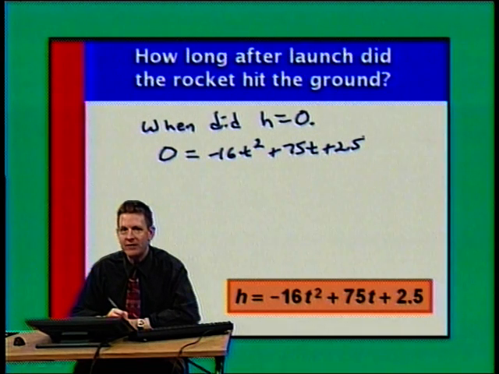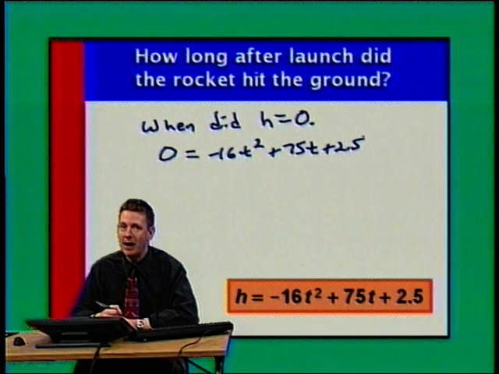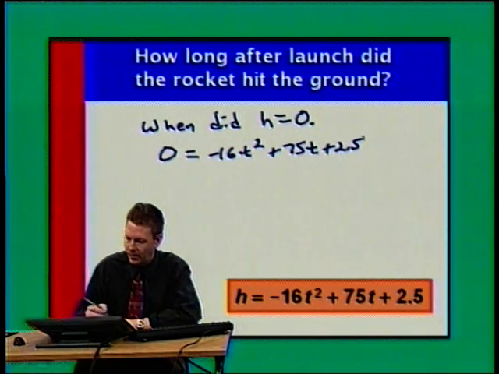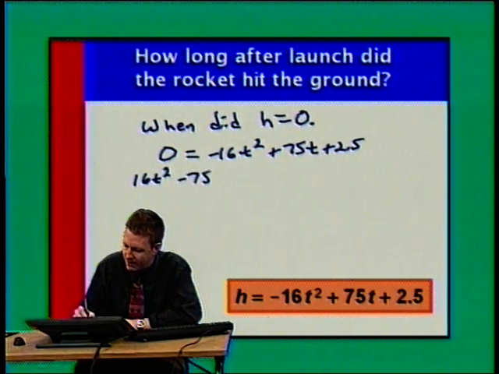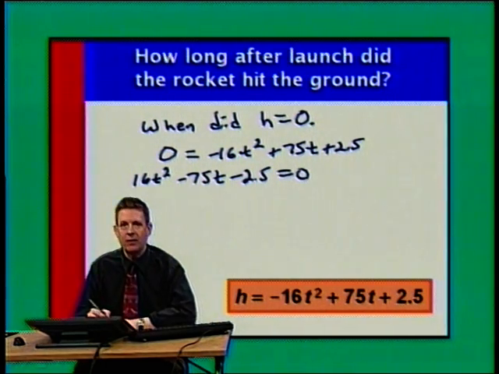This time, the left side of the equation is already 0. But again, I find it much easier to work with the quadratic formula if the coefficient on the squared term is positive. So this time, I really am still going to go ahead and make the right side 0. That's going to give me 16t squared minus 75t minus 2.5 equals 0.